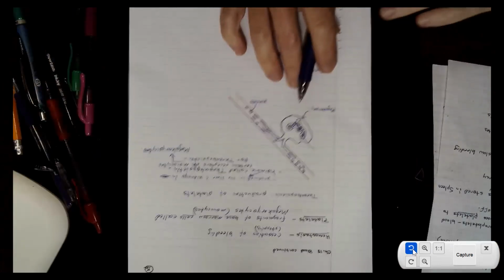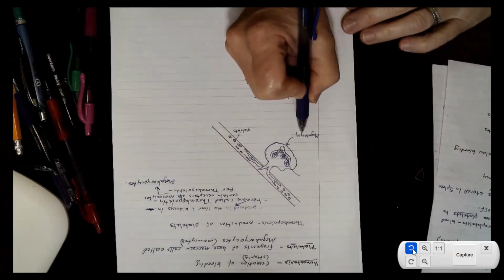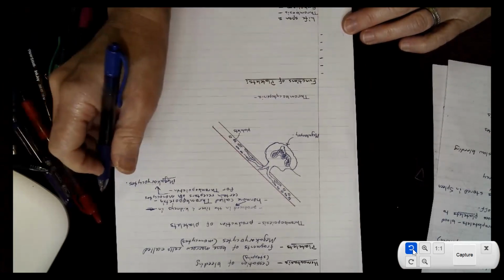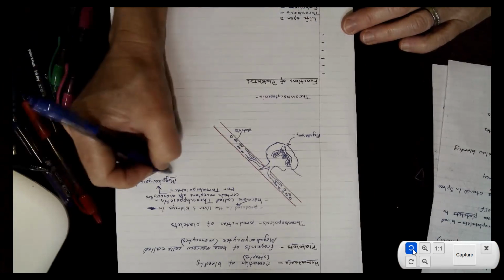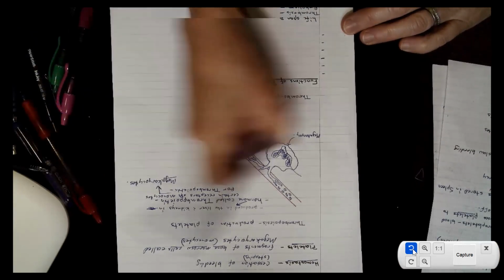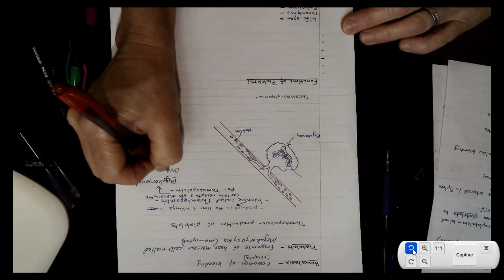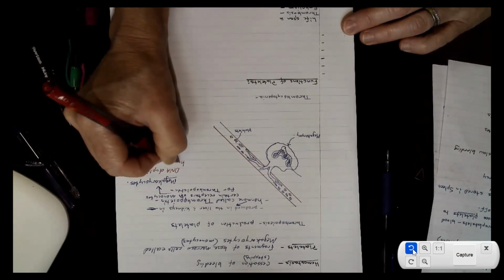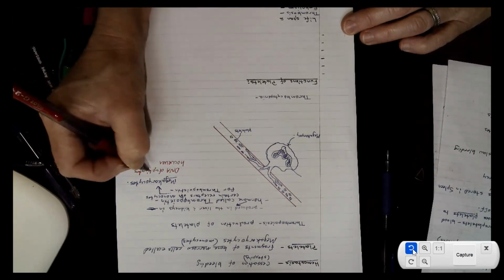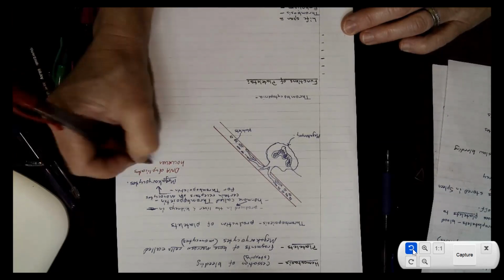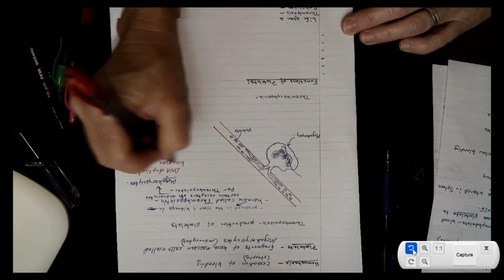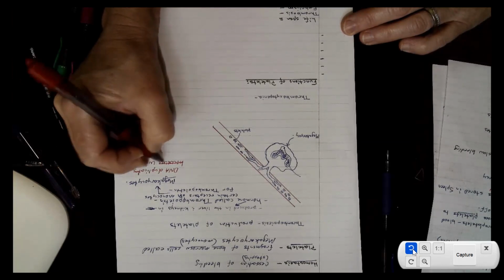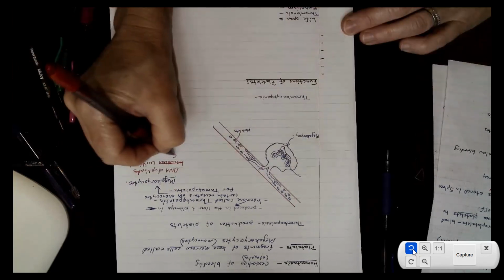So let's look over here at the drawing. This is a megakaryocyte. And why does it become mega? This happens because the DNA duplicates without cell division.